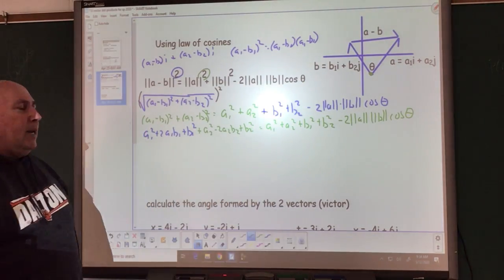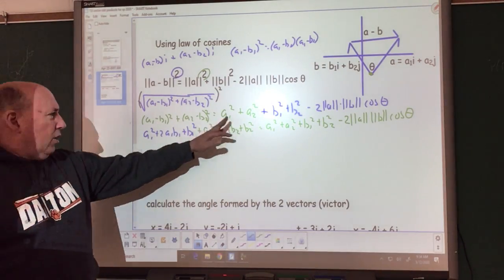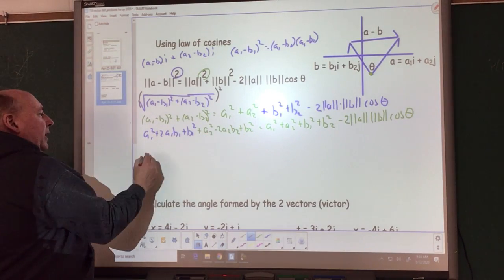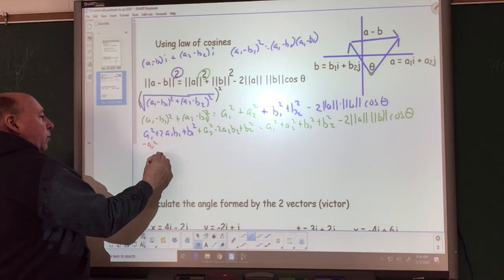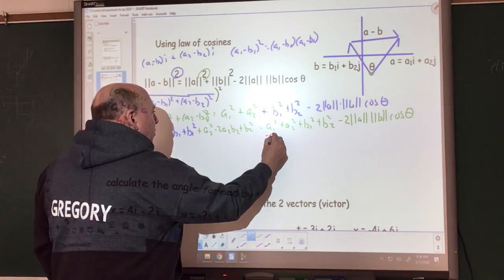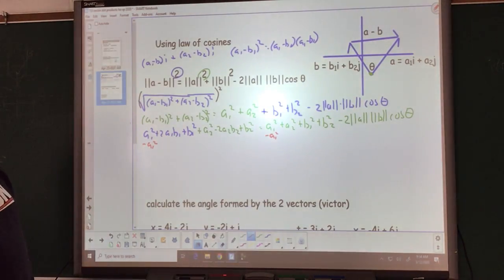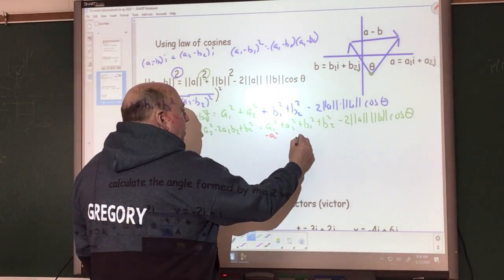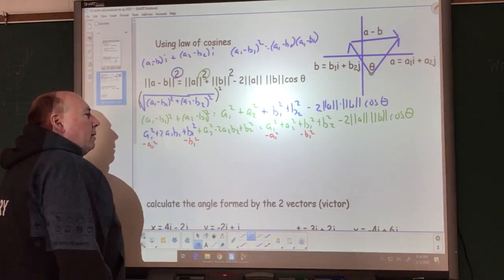And like I said, we now will clean this up because this is a little bit ugly. But if I take a look at both sides of my equal sign, if I subtract an A1 squared, subtract this A1 squared, they go bye-bye. If I subtract off this B1 squared, minus B1 squared, they go bye-bye.